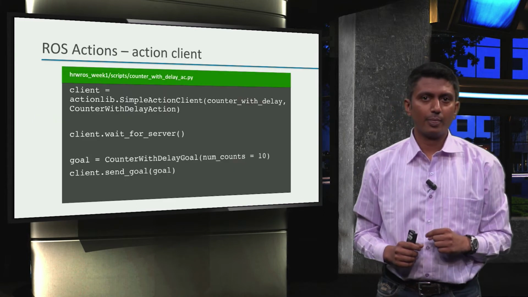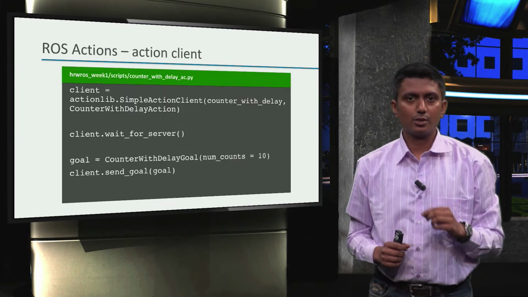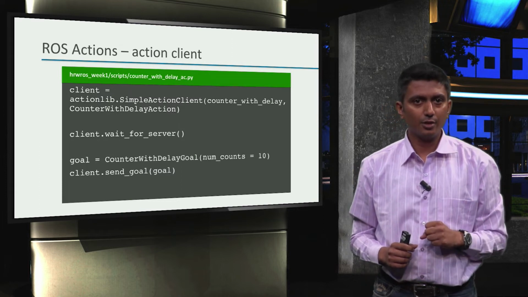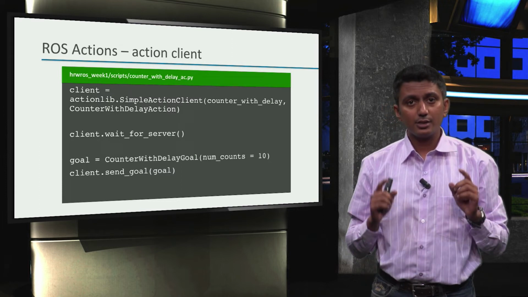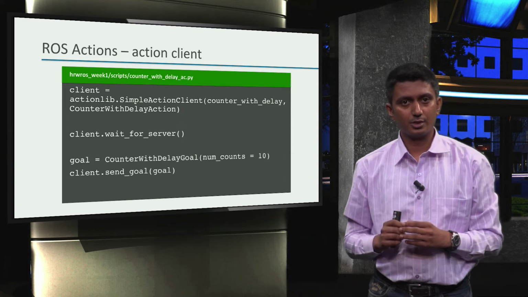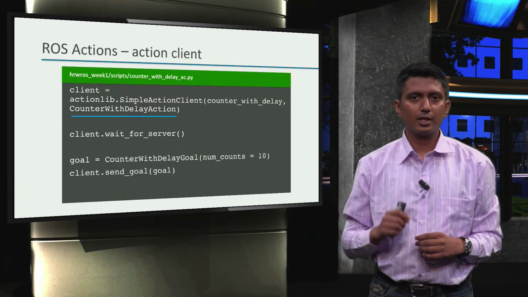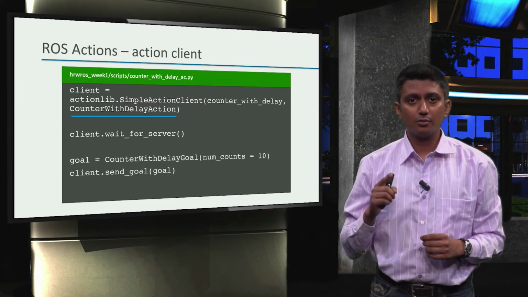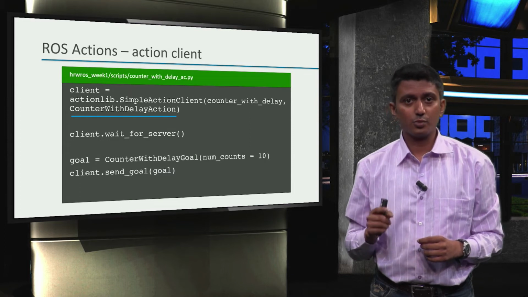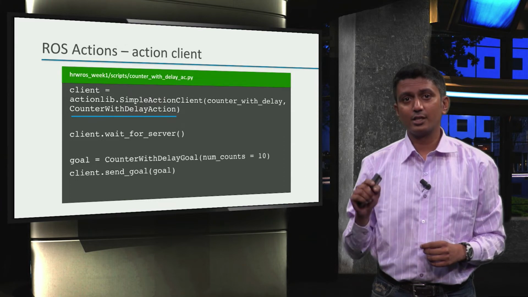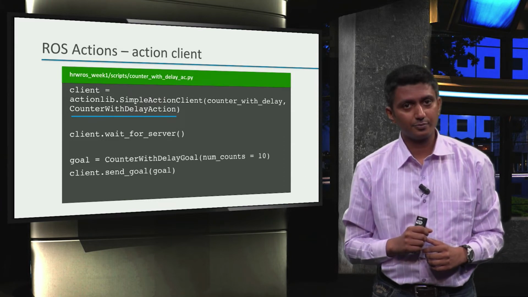For example, let's take a look at this code snippet of an action client. We learned in the previous video that the action client sends a goal to an action server where the goal will be processed. The first thing we can notice here is that the action client is of type CounterWithDelayAction, which was highlighted in the previous slide. In other words, this is the action type of our action client.